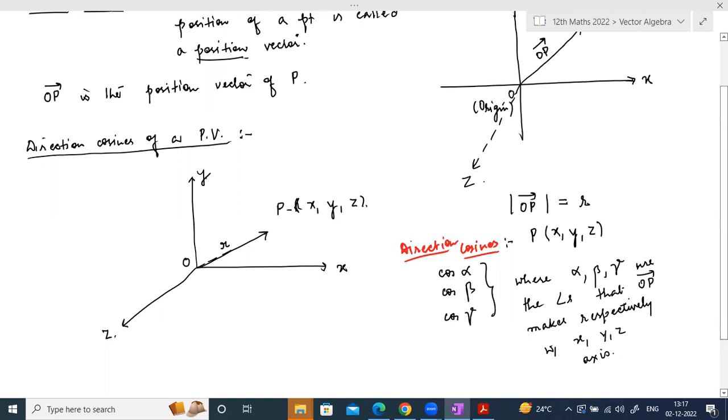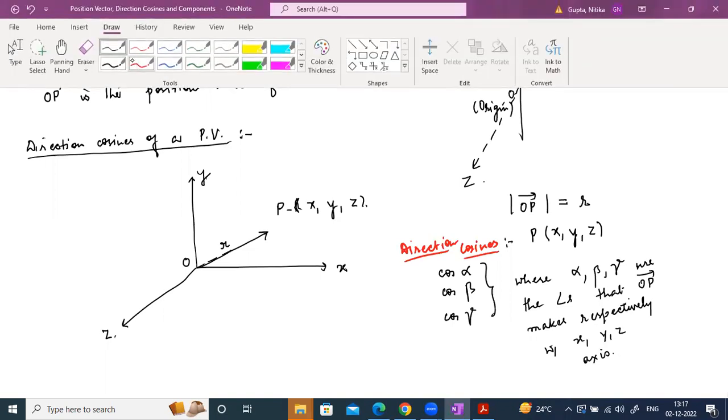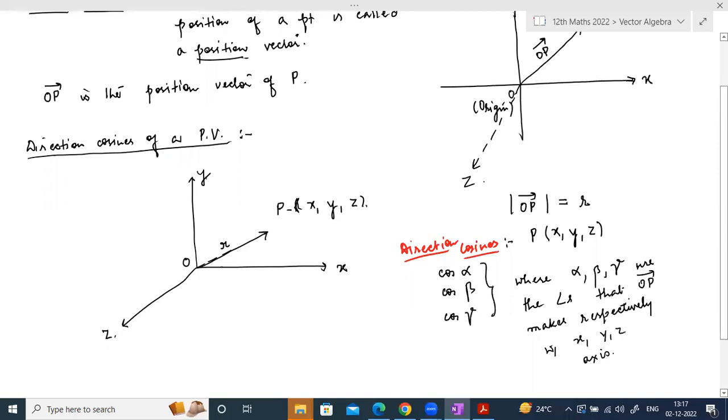Right. So if you look at this figure, let's try to mark the angles here. Suppose OP is making this alpha angle with the x-axis, this beta angle with the y-axis, and this gamma angle with the z-axis.